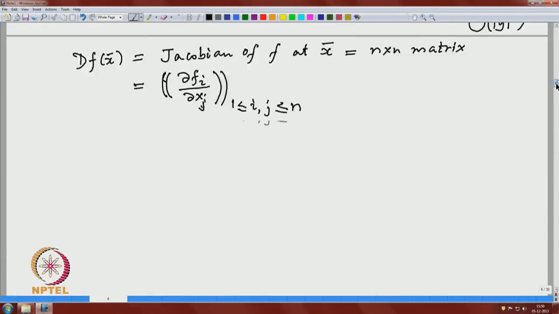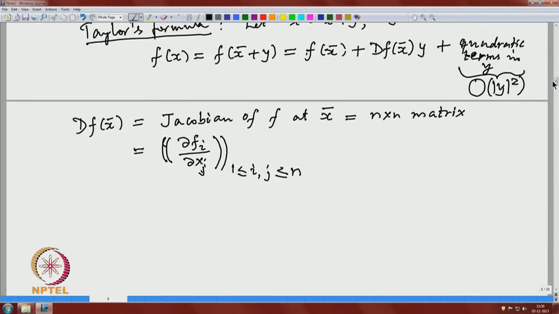Let me rewrite it. So, f of x is equal to f of x bar plus y.